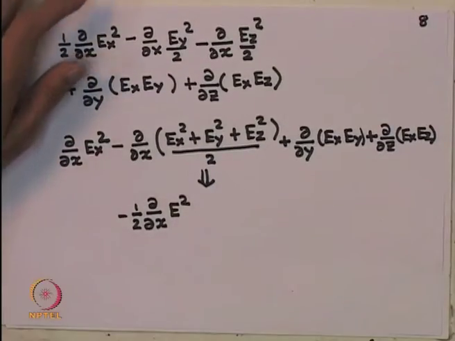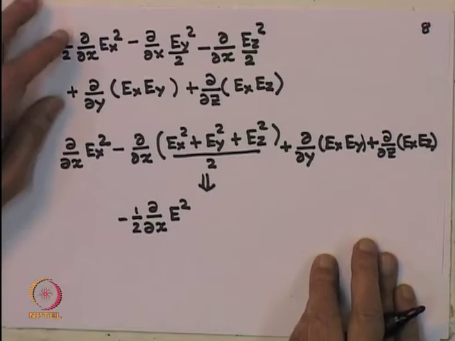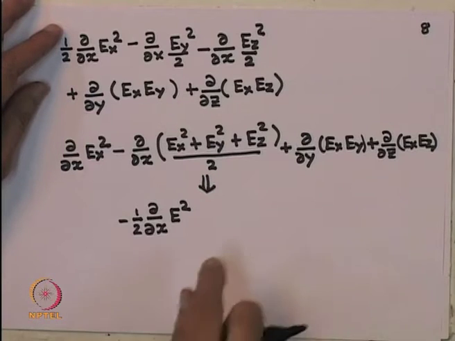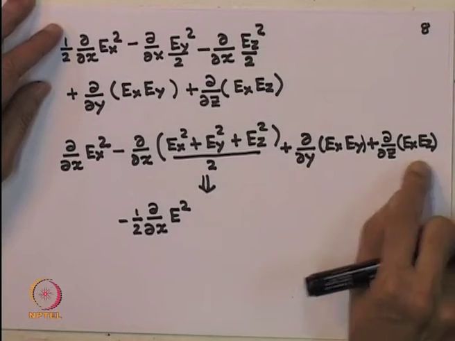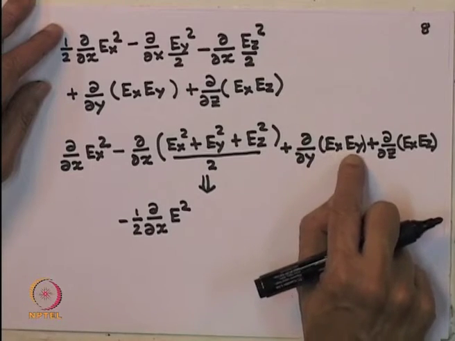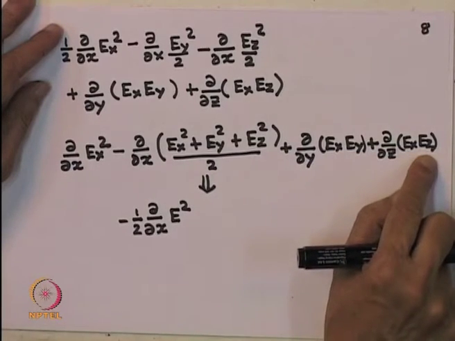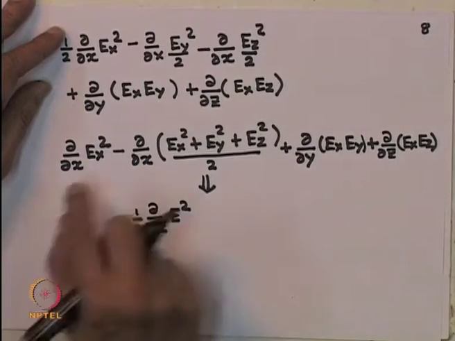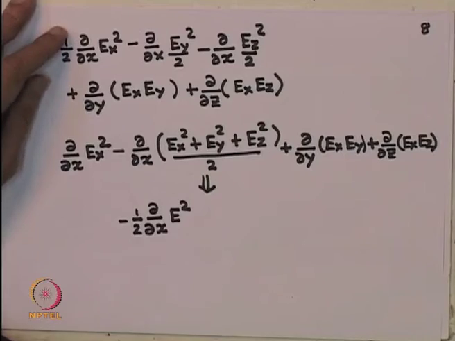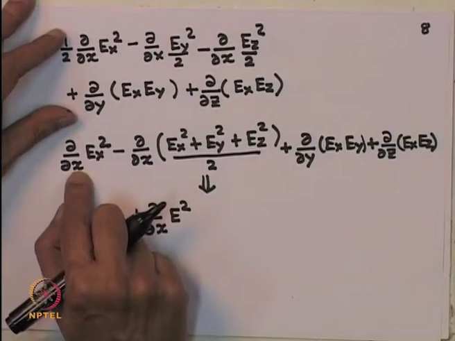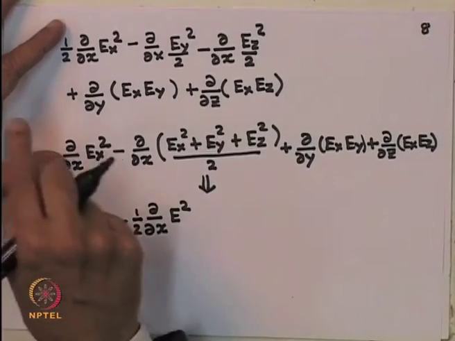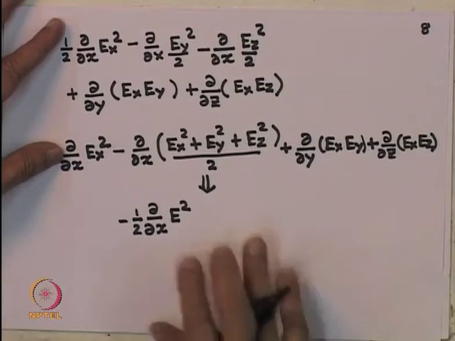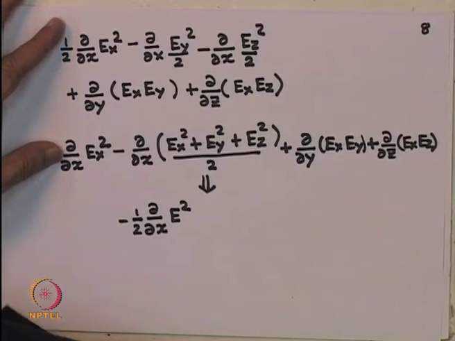I am going to be just doing the algebra today and pointing out, and next time we will do a complete discussion because it takes a bit of time. This term is d by dy of E x E y, d by dz of E x E z, and d by dx of E x E x, because this is E x square. So, this term, along with the components that will come up with y and z, is somewhat of a different type.